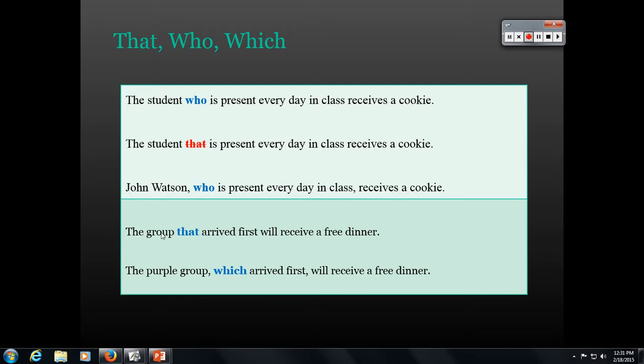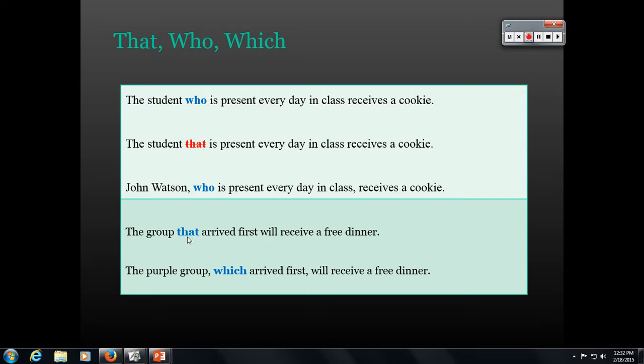Okay, so the essential clause is the group will receive a free dinner. That's the main clause, the independent clause. This that arrived first is a dependent clause, or what we call a relative clause, because it starts with the relative pronoun that, and that's the subject, and arrived is the verb. In this case, like all relative pronouns, it is acting as an adjective, and it's describing the group.